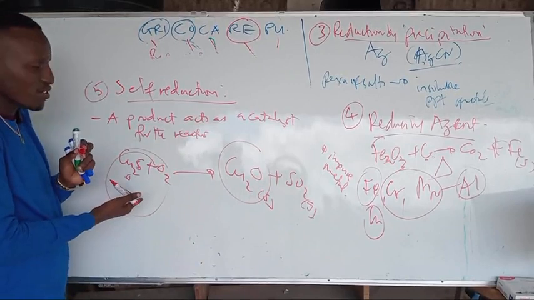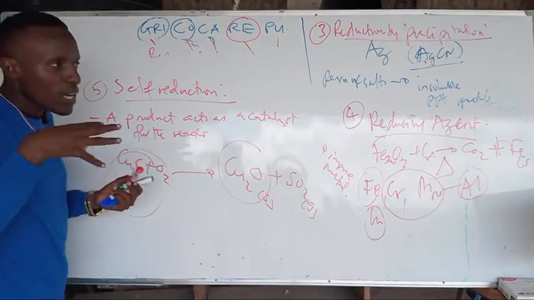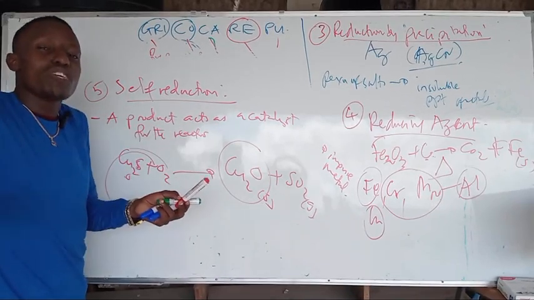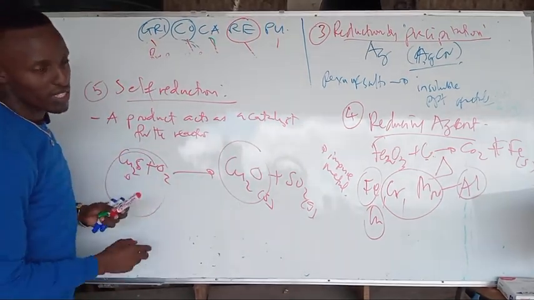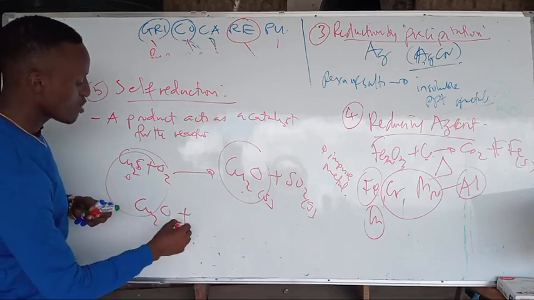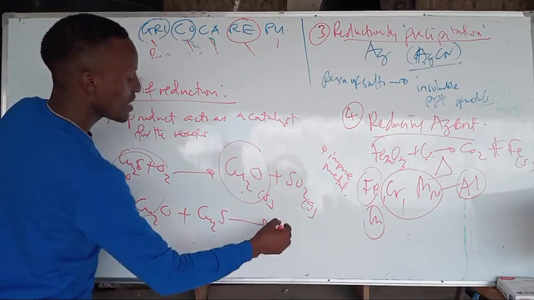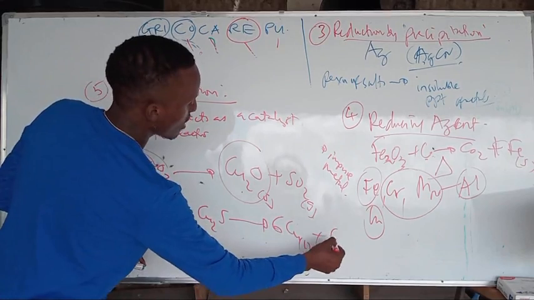For example, if you have a large amount of copper sulfide, you just take a part of it and roast it. Then you form copper(I) oxide, which is used to reduce the whole amount of copper(I) sulfide. If you burn this copper(I) oxide with copper(I) sulfide, what is formed is copper liquid and then sulfur dioxide.